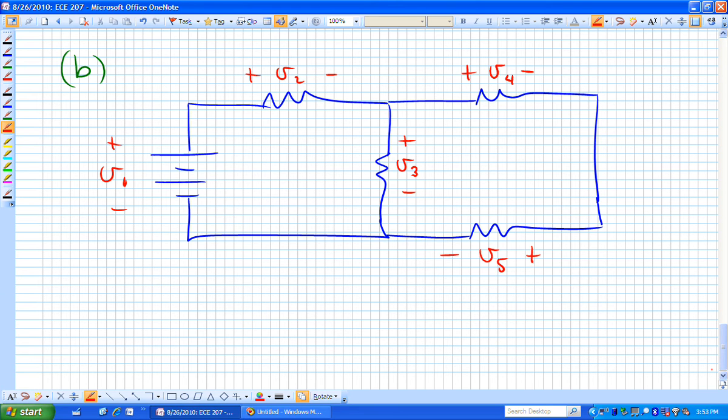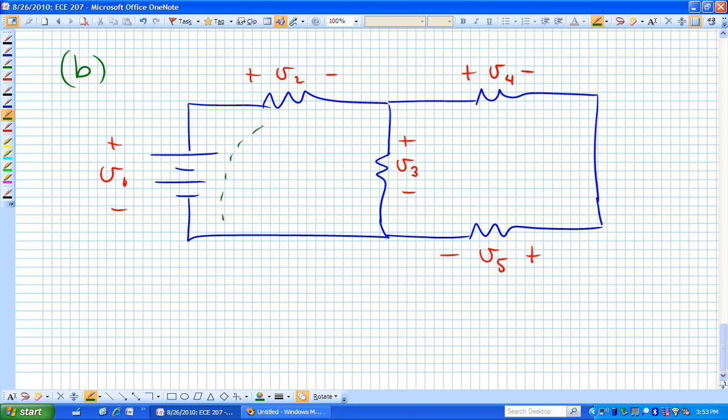What can we do? In analyzing these circuits, we're really looking for relationships. And we have maybe several different relationships in this particular circuit. Let me draw some potential loops that we could go around.